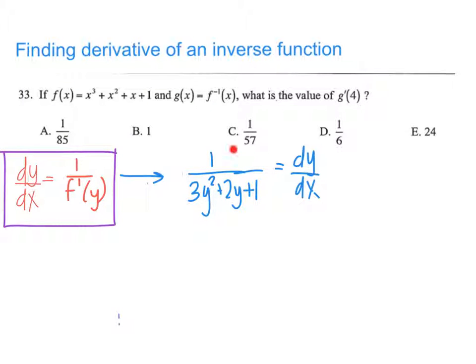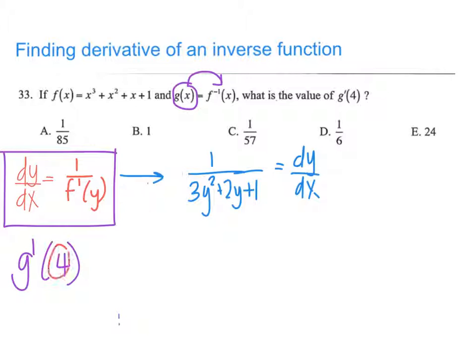So from class, you'll remember that we ended up with this derivative, 1 over 3y squared plus 2y plus 1. The confusion was, should we plug in 4 or not? Well, let me explain, now that I've gathered my thoughts together, what you're doing. g prime of 4. G represents the inverse of f.